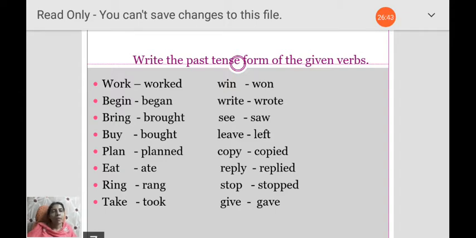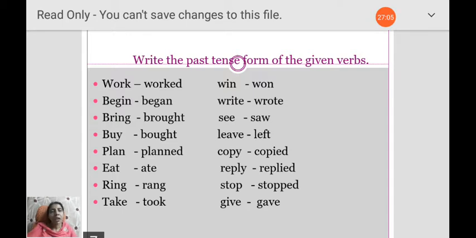Then stop. I already told you some words are doubled. So the end letter of stop, P, is doubled. It is stopped. Then give, gave. So these are some past tense forms of verbs.